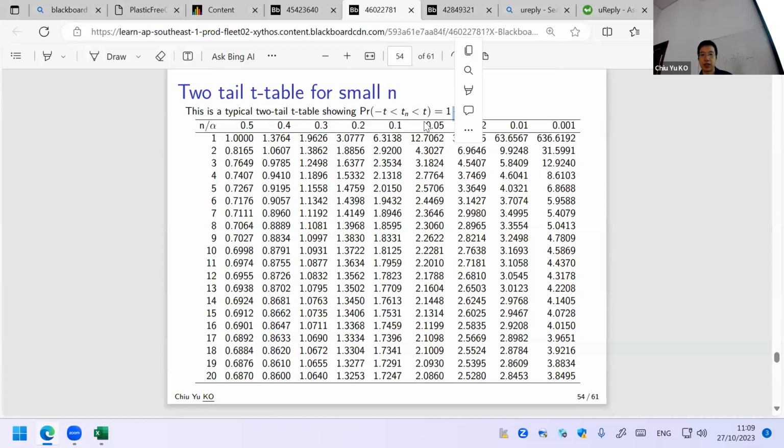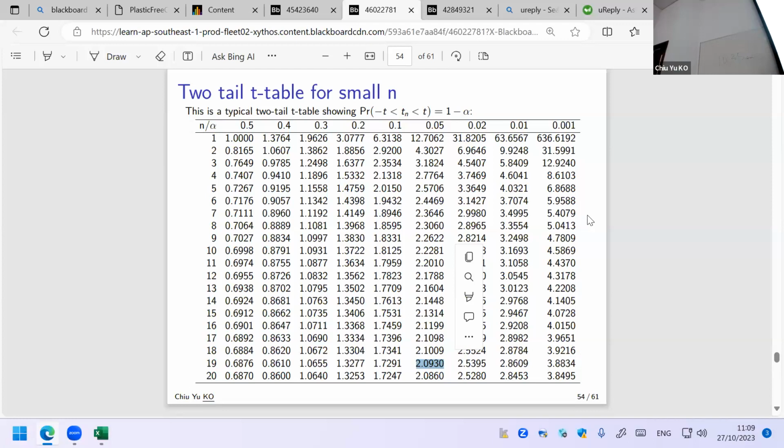Most of the time you look at this column, because 95 is in the middle. So 95, then 5% is what's left, so basically this number.